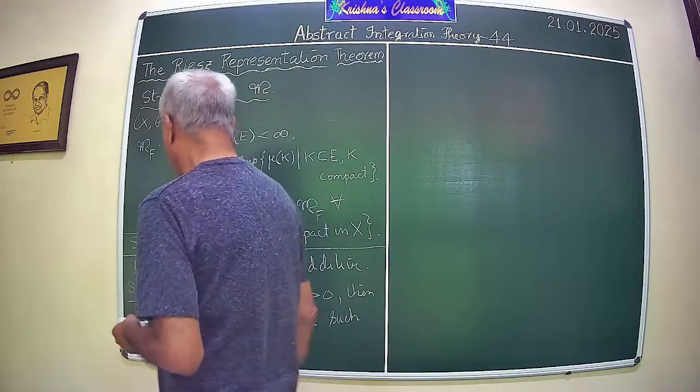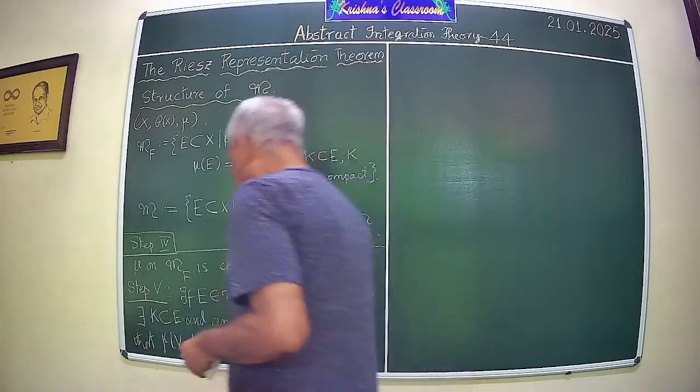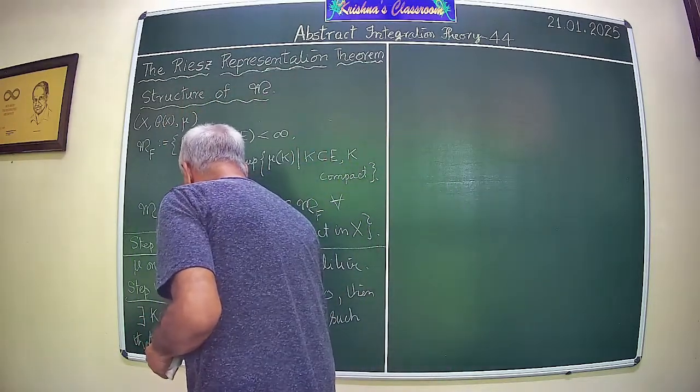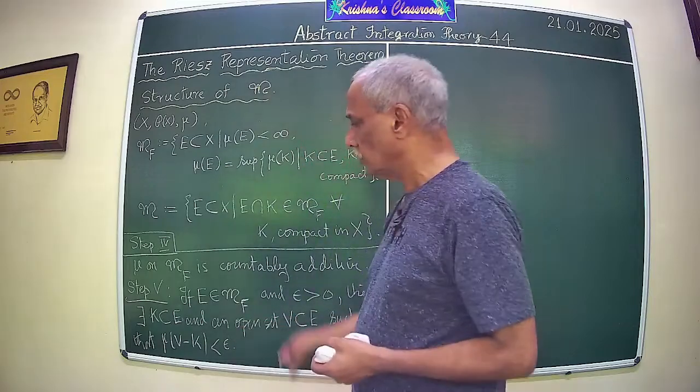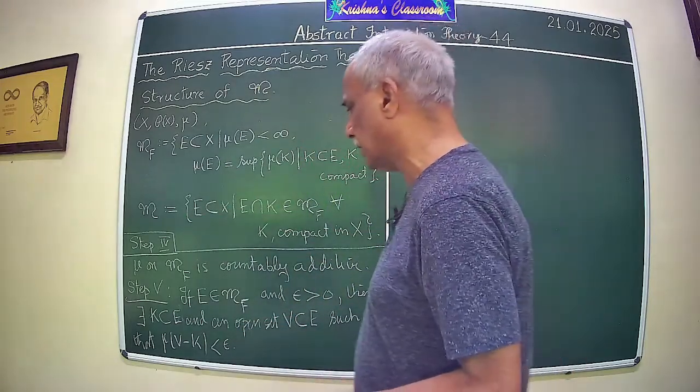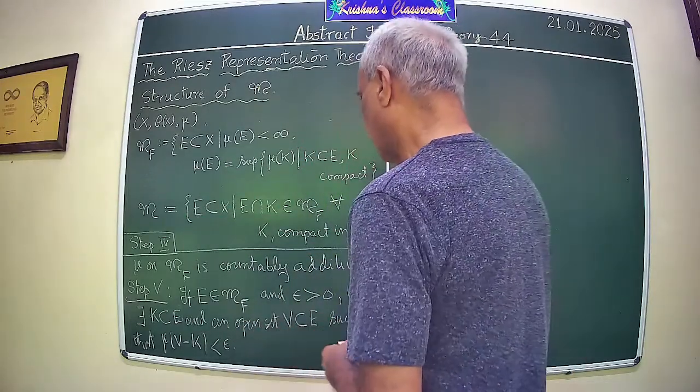Remember, K is contained in V. So given epsilon, you can find a pair K and V, where K is compact and V is open.